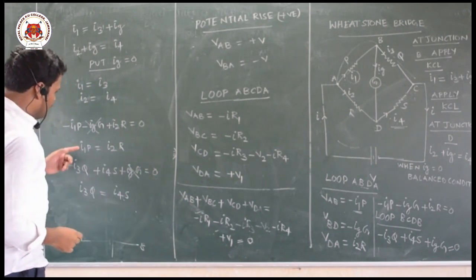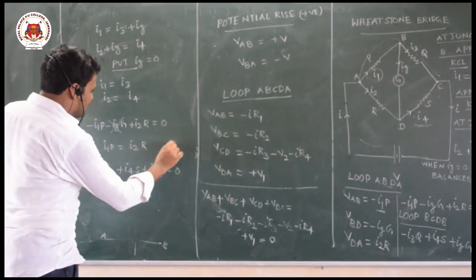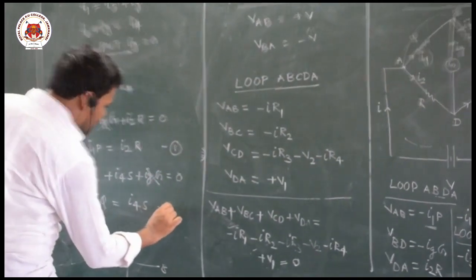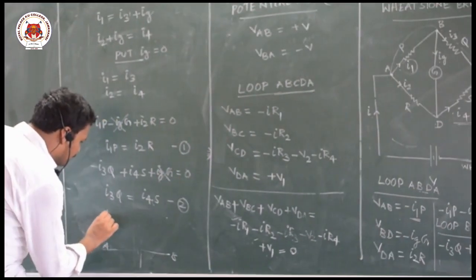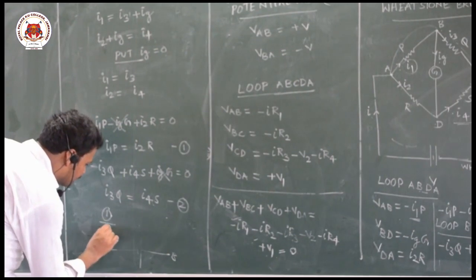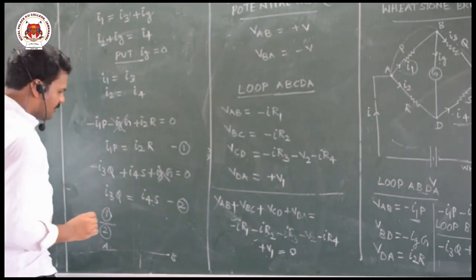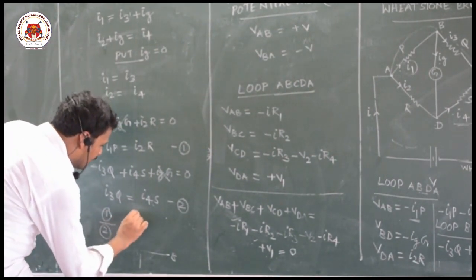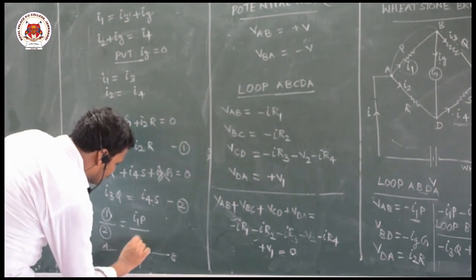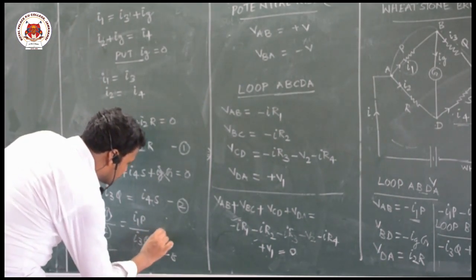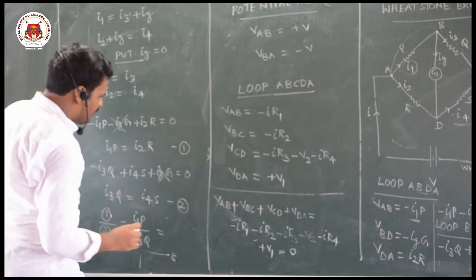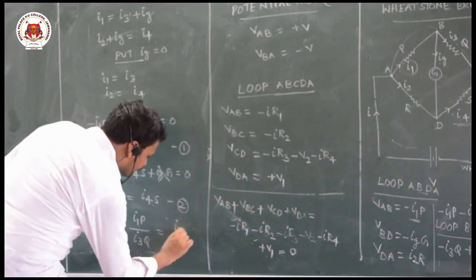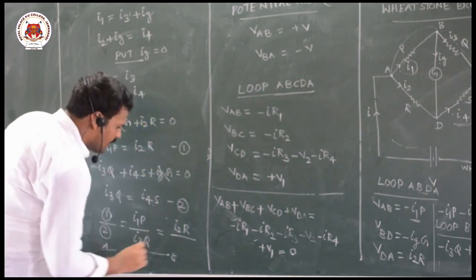Now divide these two equations. Let us take this as equation one, this as equation two. Divide 1 by 2. You get I1P by I3Q is equal to I2R by I4S.